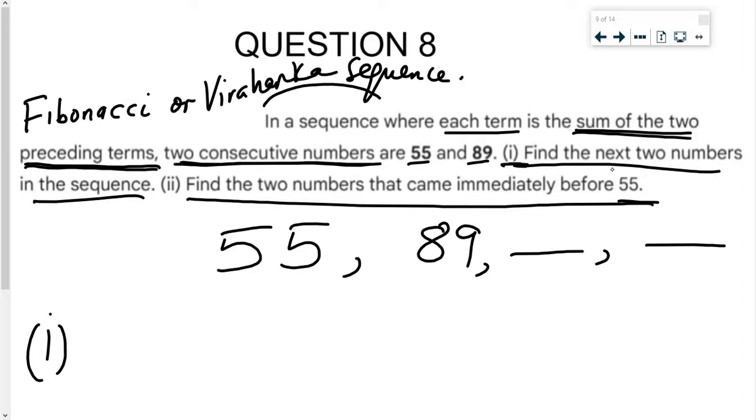The next number is obtained by finding the sum of the two preceding terms. So for example, if I'm looking for this number here, I will take these two numbers, add them. I will take this number here, add it to this number. I will get this number.